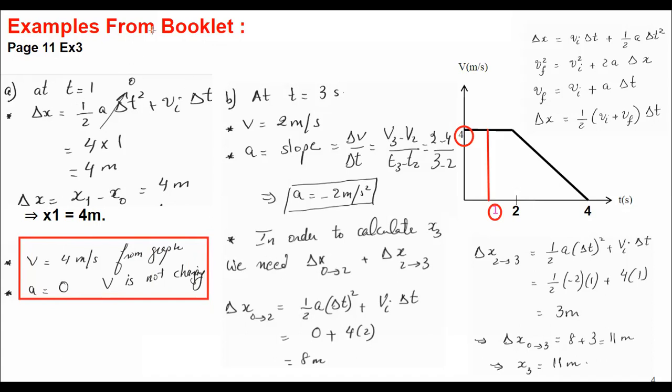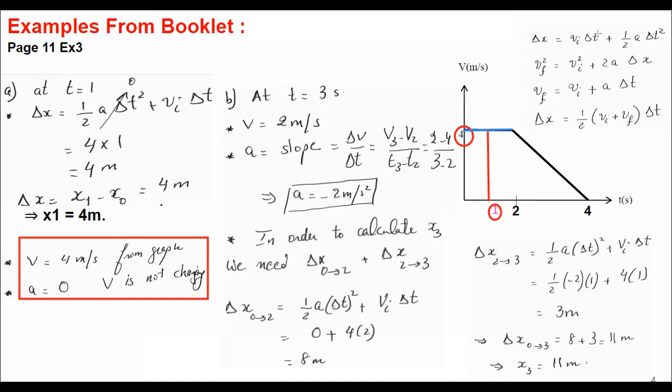I'm working in this area from here to here, where velocity is not changing. Now I need to calculate the position.